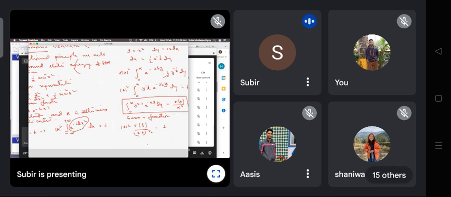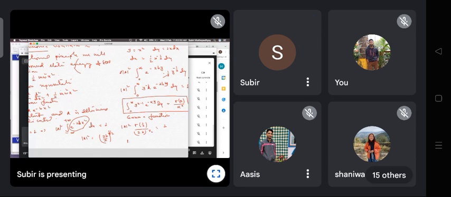Now, how much is gamma half? Gamma half is root pi. So we get mod a square equal to 2b by pi to the power half. So, apart from an overall phase factor, a equals 2b by pi to the power 1/4.